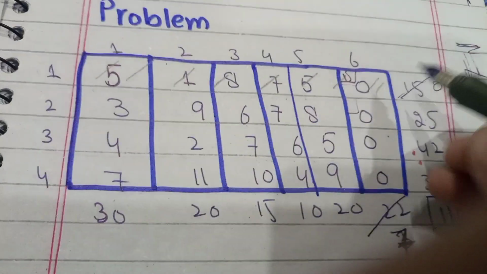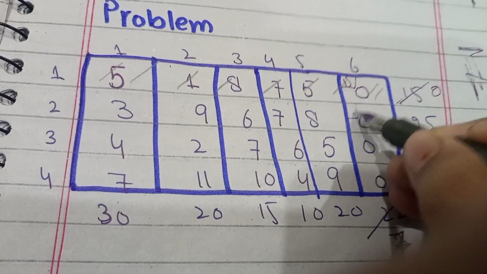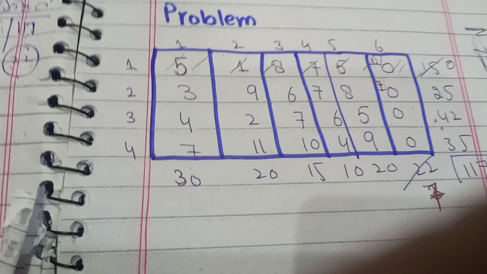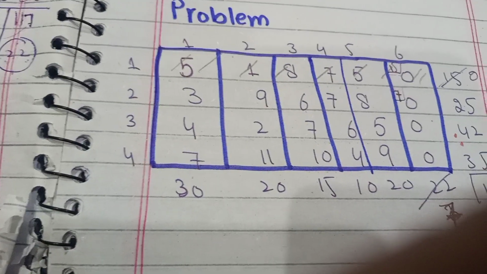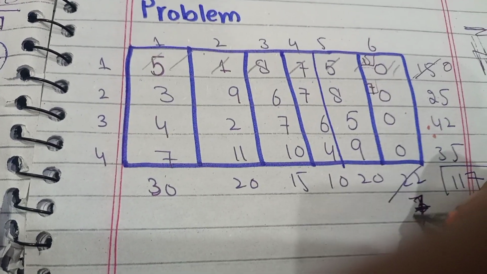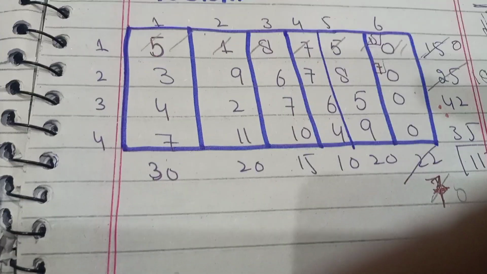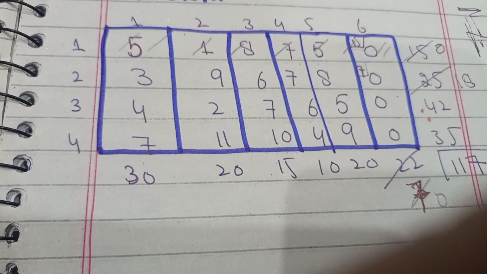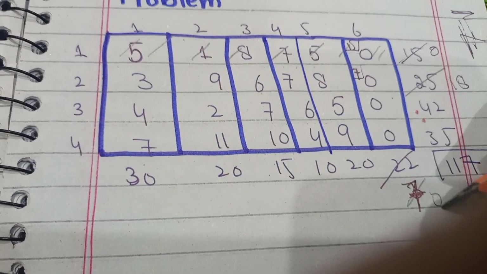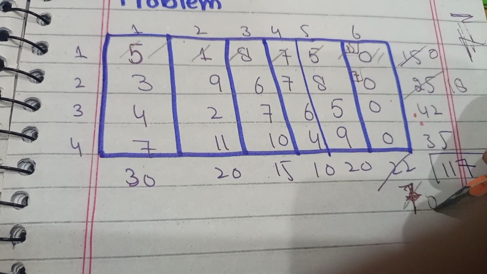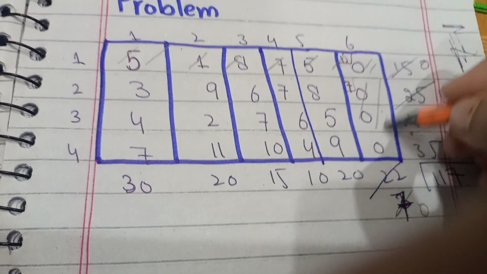Now we will allocate 7 here. 7 will be 0 and 25 will turn into 18. As the demand is 0, the whole column will be cancelled out.